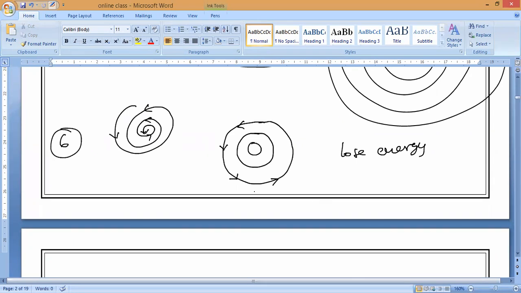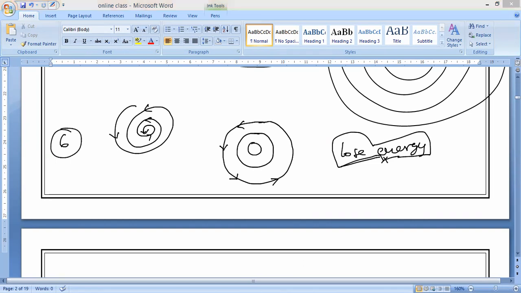So what does that mean? When the electrons are revolving around the nucleus, they should radiate continuously to lose energy and finally they should fall into the nucleus. But it is not happening. Yes or no? The electrons revolving around the nucleus are moving in the same energy level and the atom remains stable.